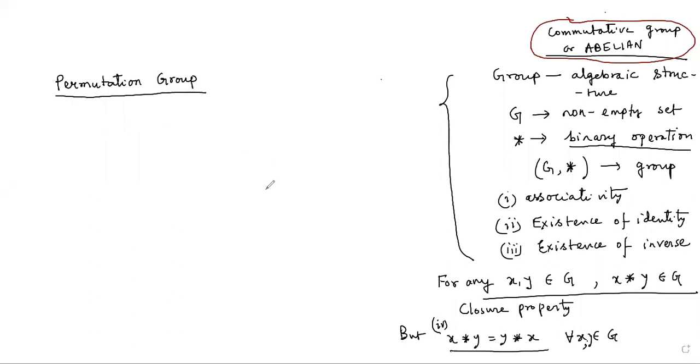So one such group, which is not commutative, is called a permutation group. So permutation group, which I'm going to start today, you are going to see that this group is a kind of non-commutative group. So permutation group is an example of non-commutative group.